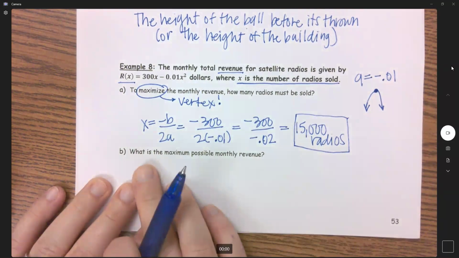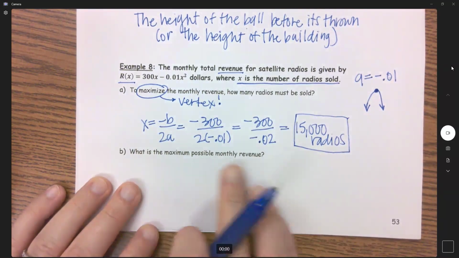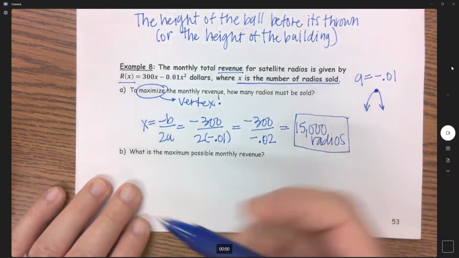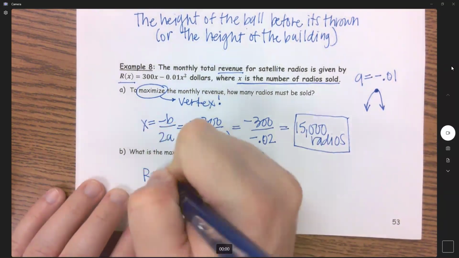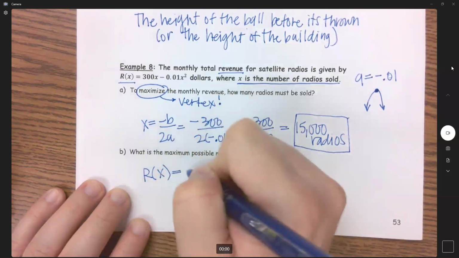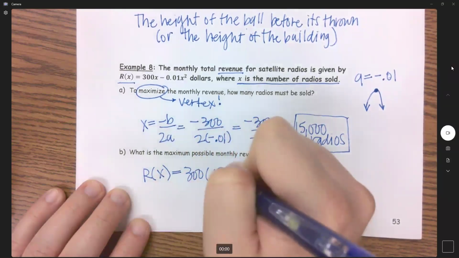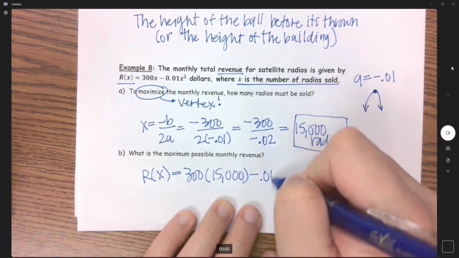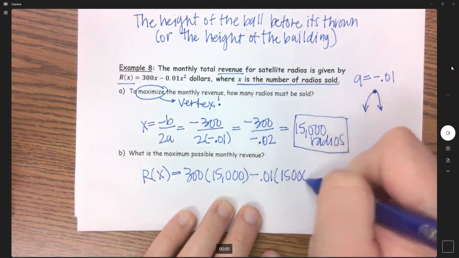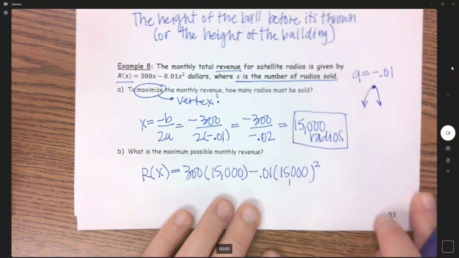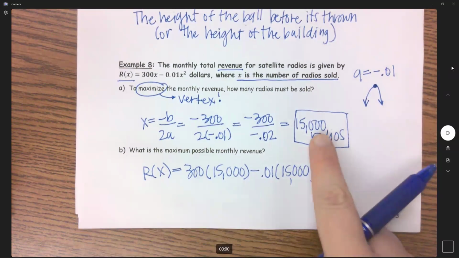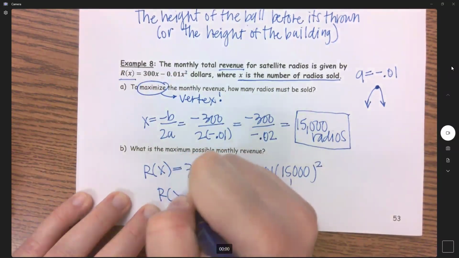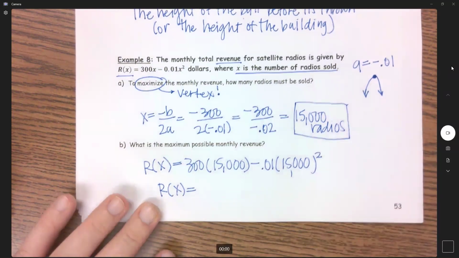So part B wants to know what is the maximum possible monthly revenue. We want to find that R of X, or R Y. So plug this number in. So we'll get R of X equals 300 times 15,000 minus 0.01 times 15,000 squared. I'm plugging in my X to both of my X's here. And this will give me my revenue.